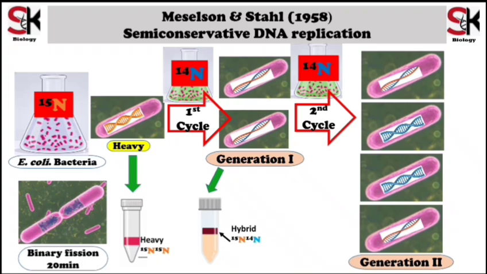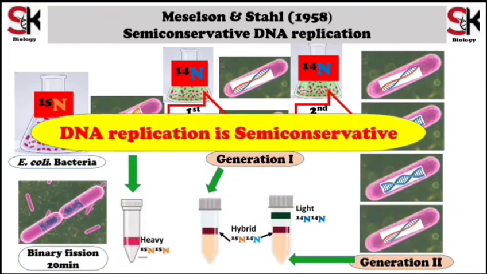In the third step, that is in the second generation, the bacteria found are of two types. One band is hybrid as in the second step, and one contains the light isotope at the top of the tube, that is N14. So these results proved that DNA replication is semi-conservative.